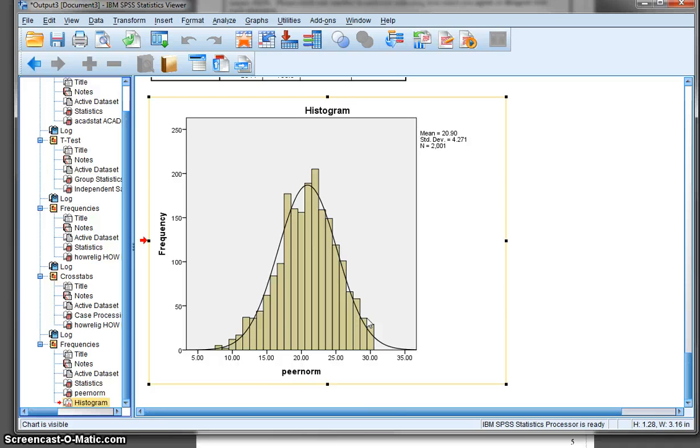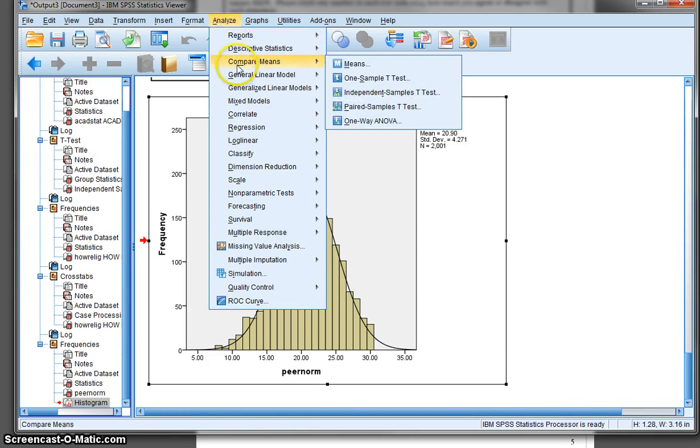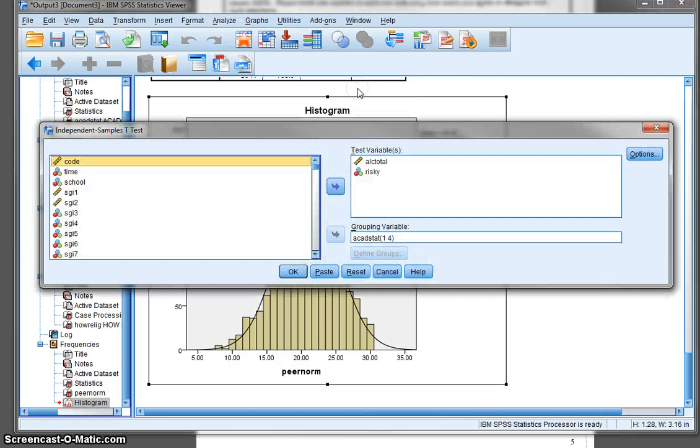I really don't have any hypothesis about whether people who are highly religious are going to be higher or lower in peer norms. So I'm going to have a two-tailed test, a non-directional hypothesis that our two groups are just going to be different. I'm just checking it out on this one. I want to compare means. I'm going to go to an independent samples t-test. I have to reset these again because I canceled out earlier.